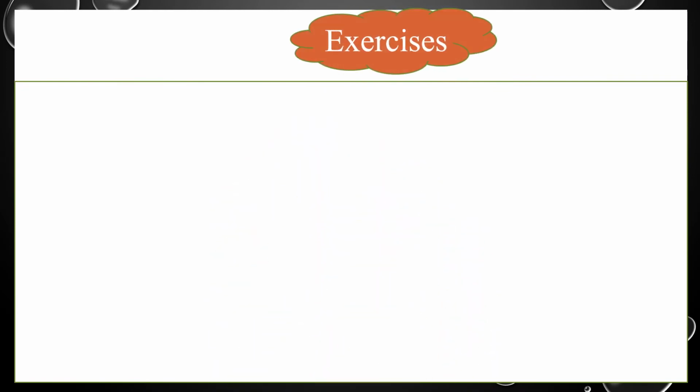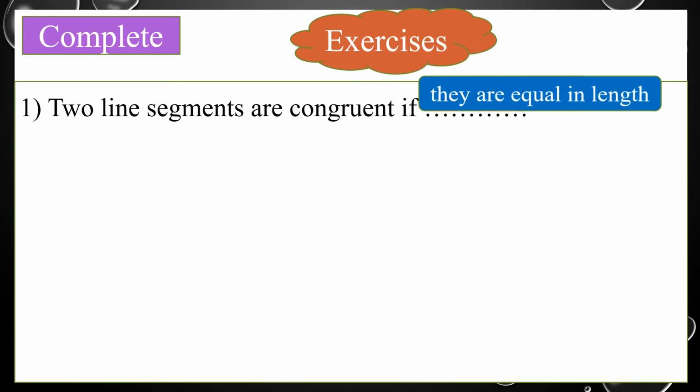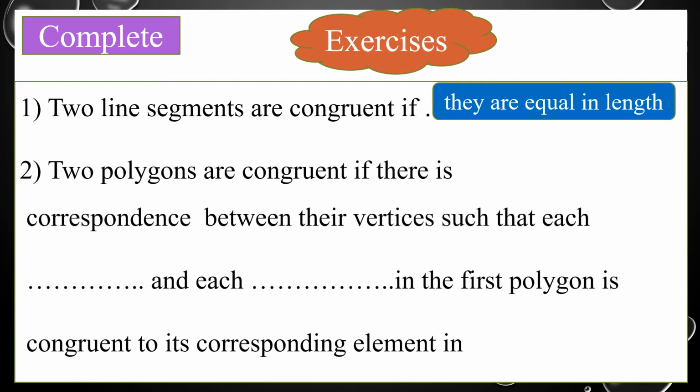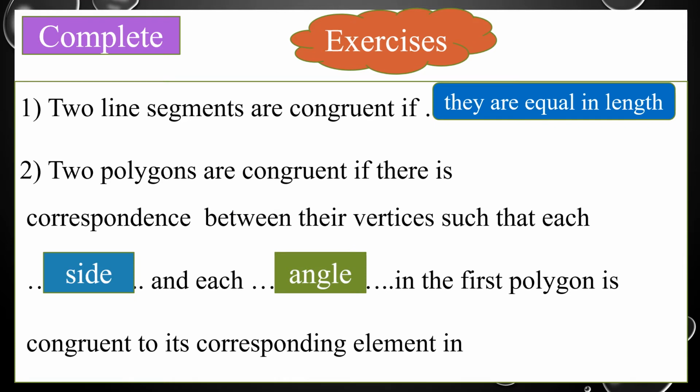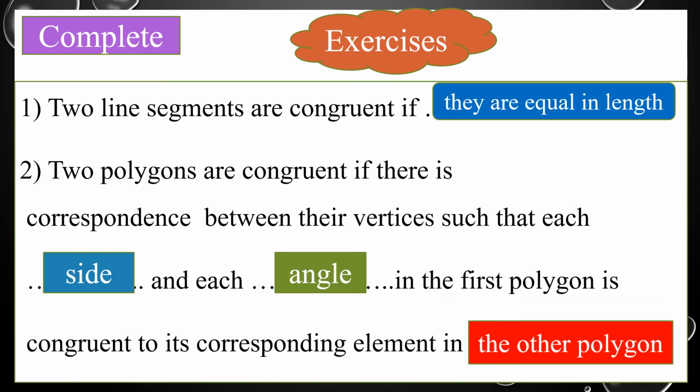Now solve more exercises. Complete. Two line segments are congruent if they are equal in length. Two polygons are congruent if there is a correspondence between their vertices such that each side and each angle in the first polygon is congruent to its corresponding element in the second or the other polygon.